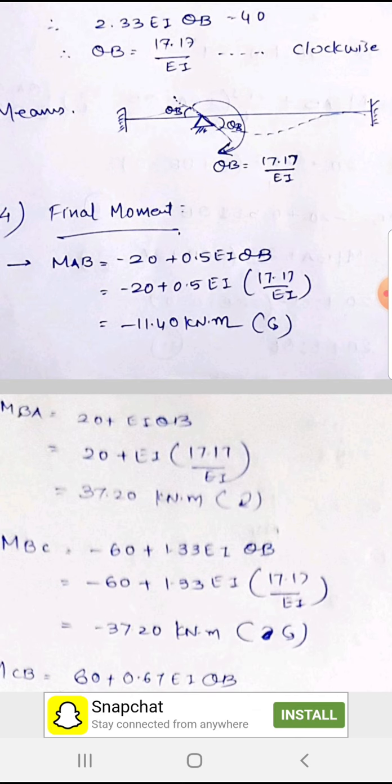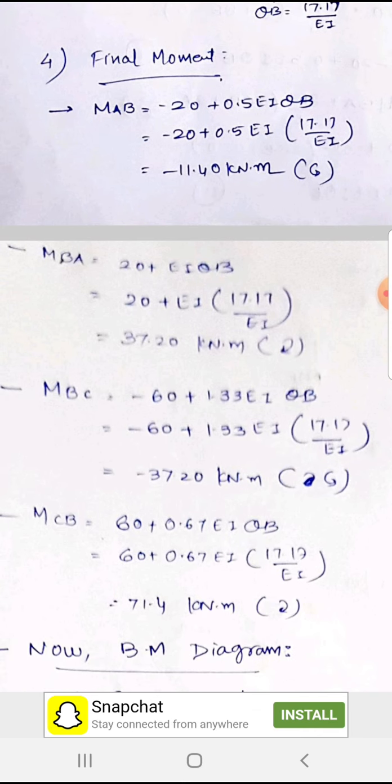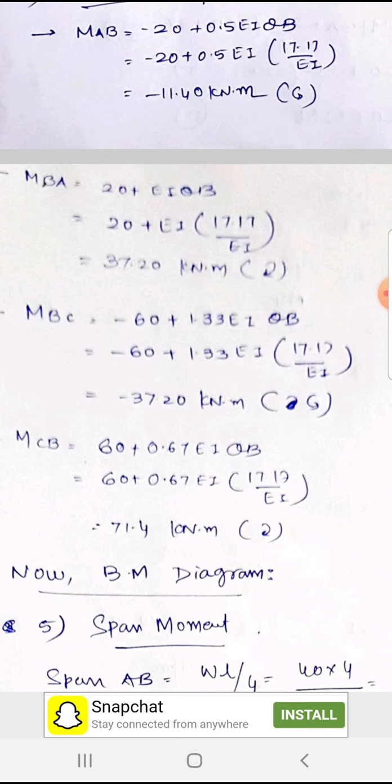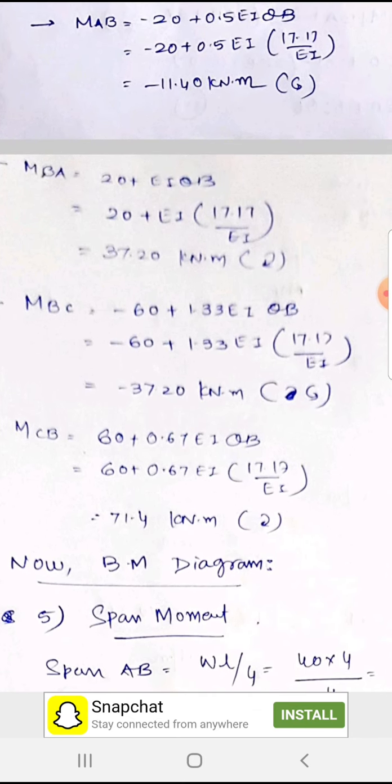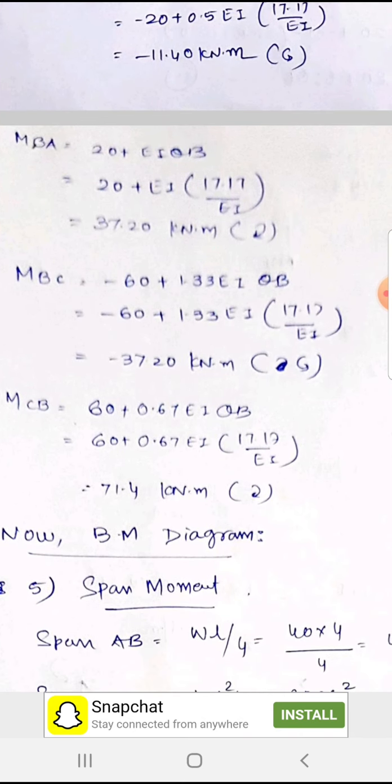Here the value is minus, which means the moment at AB is anti-clockwise. Now moment BA is 37.20 kilonewton meter, it is positive, means it is clockwise. Moment from B to C is minus 37.20 kilonewton meter.